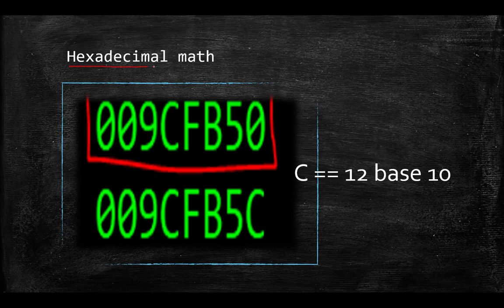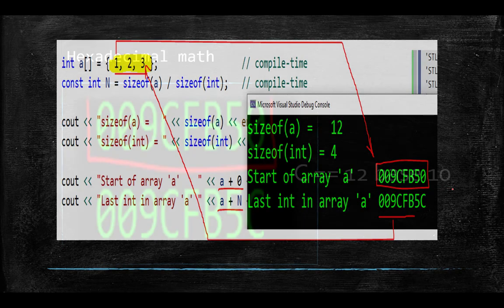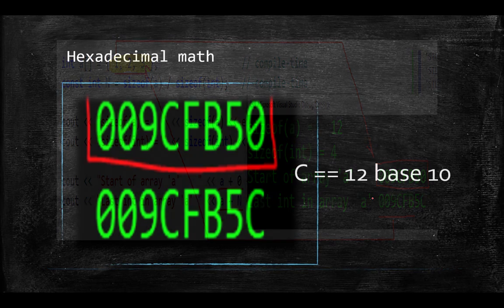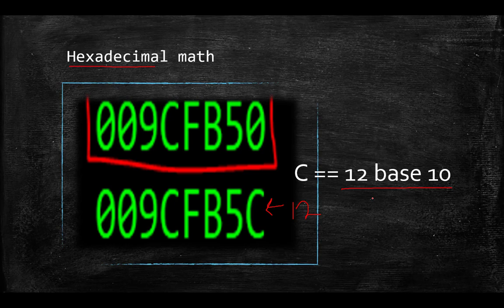It's a hexadecimal number, so I have to look up the letter C, and the letter C is the number 12 in base 10, which if we go back, here we see the number 12. It's 12 bytes from the start of the array to the end of the array in memory.